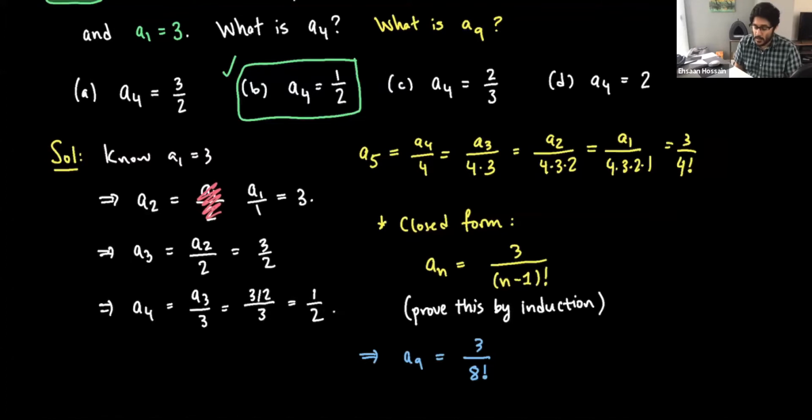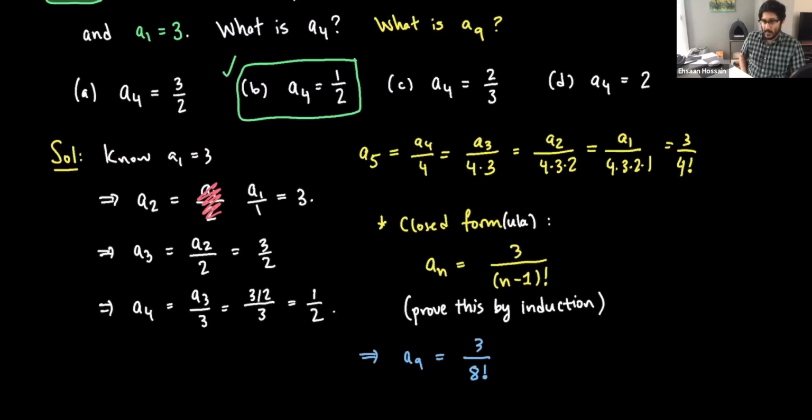See? Closed form means a formula. It's a formula that you can use to get any term in the sequence. Any questions about this? No questions. Okay, good.